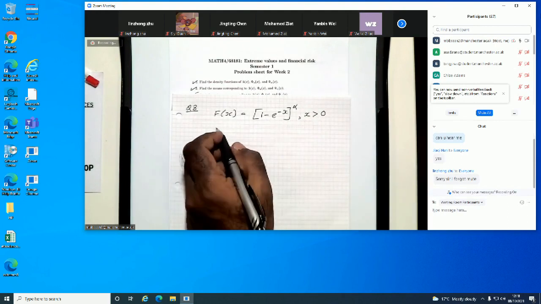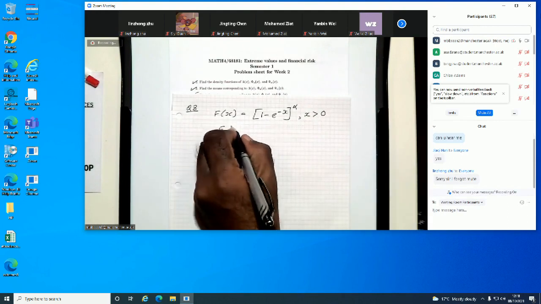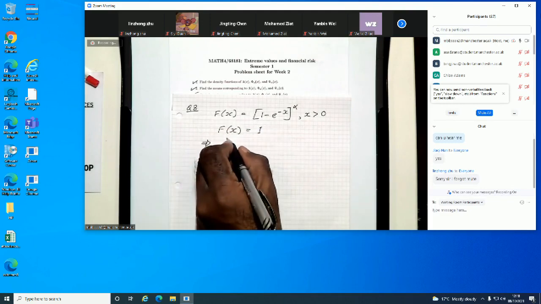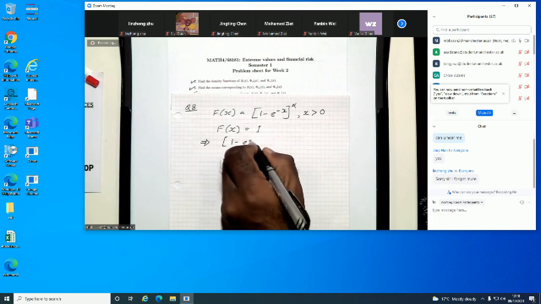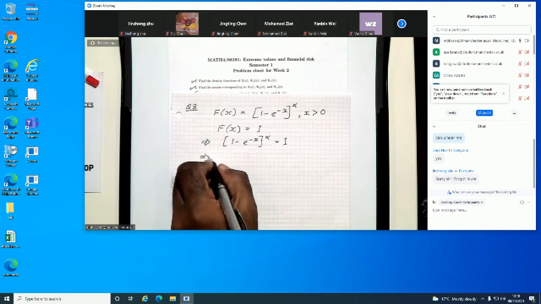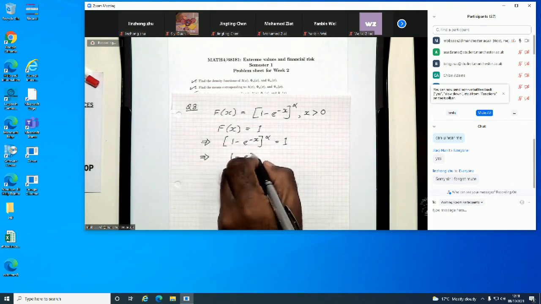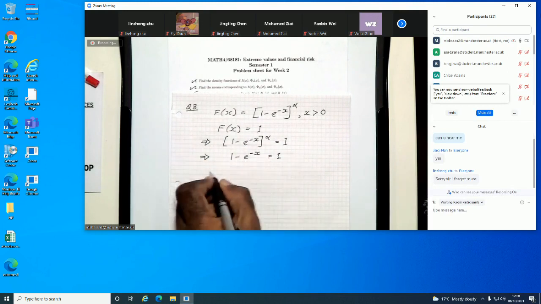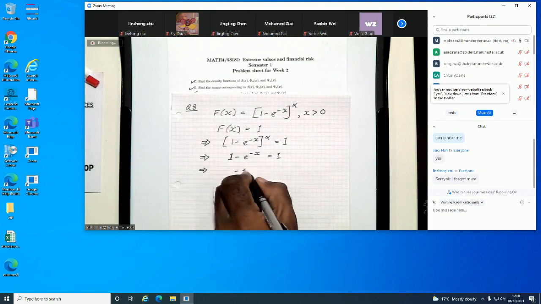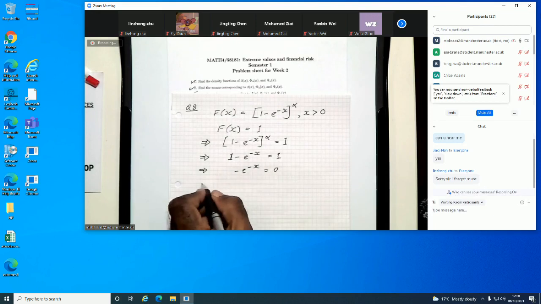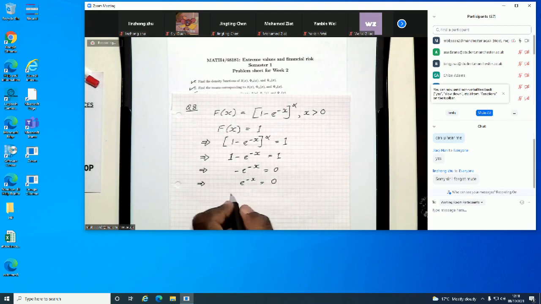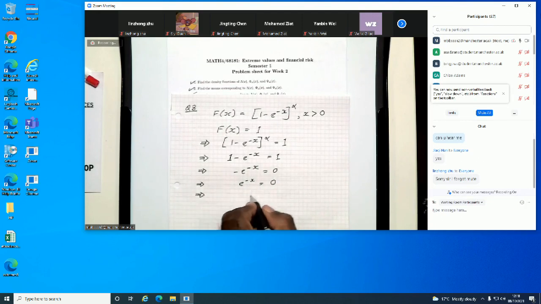Now the first thing you must find out is the w of F. So you set F of x equal to 1, which implies that this is equal to 1, and this implies that minus e to the x is equal to 0. So e to the minus x is 0, so x must be plus infinity.